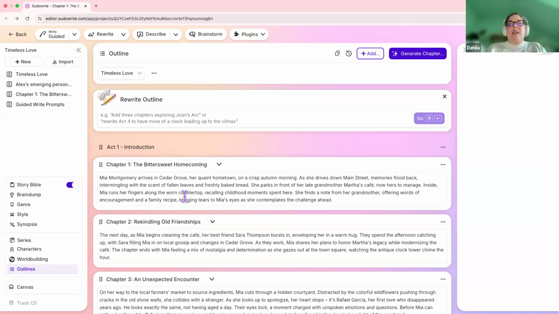And this will help it to stay on track. The same applies to auto-write. If a chapter summary is linked, auto-write will use it as a guide. However, since this is usually a bit more vague than a specific instruction, it allows a bit more creative freedom compared to guided write.